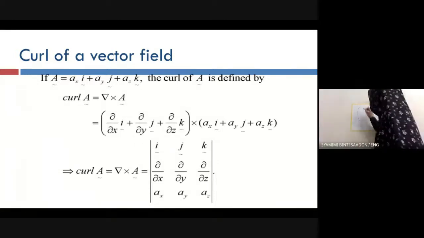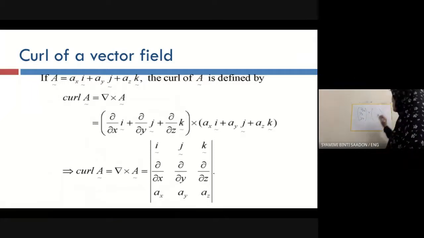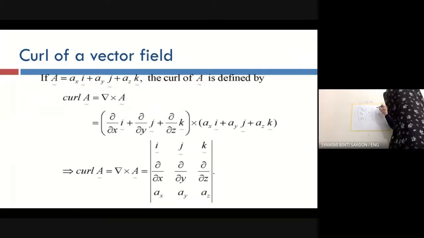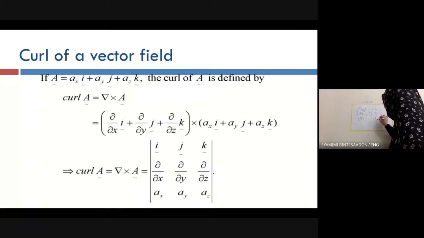So, X, sometimes I just write it like this, Z, and then AX, AY, AZ, the cross product. I prefer to write it this way. So we want to calculate the cross product.